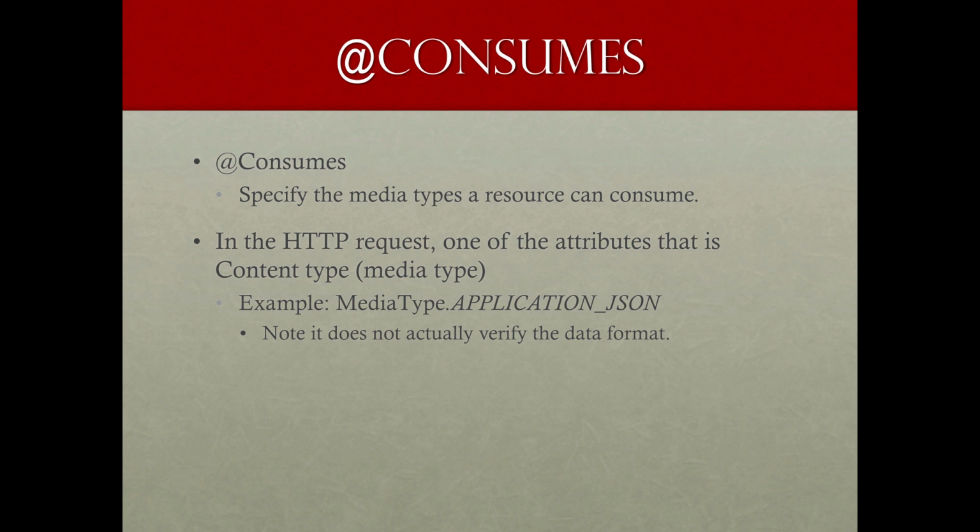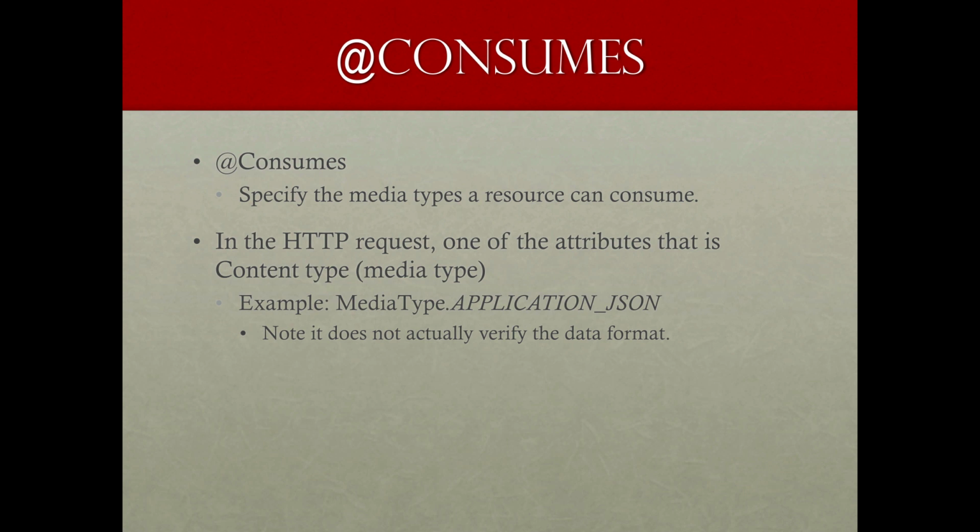The reason why the @consume annotation is important is because we want to control the type of content that comes up to our resource. For example, we cannot parse XML. So if XML was declared as a content type, then we would send back a 404 error, or that's what the Java framework would do, because that resource actually does not exist.